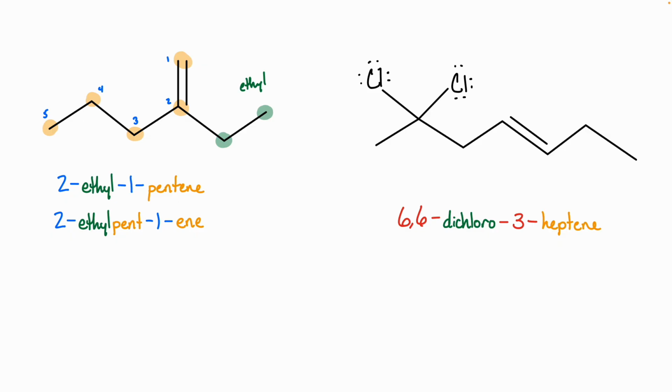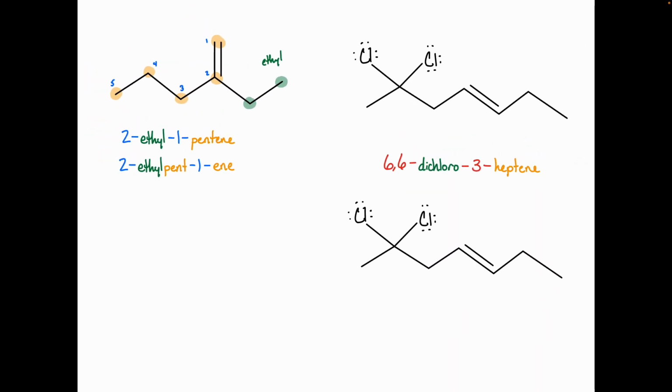They are frozen in position here, which means that if I took this molecule and let's say that I took that ethyl group over here and I instead pointed it downward, this is now a completely distinct molecule, because again, this carbon-carbon double bond cannot rotate. So either this ethyl group is frozen up top or frozen down below, but these are not one and the same thing. And both of these, if I were to go through a name, would have that 6,6-dichloro-3-heptene name to it. So we've got to distinguish between these two, what we call stereochemistries of our double bond.